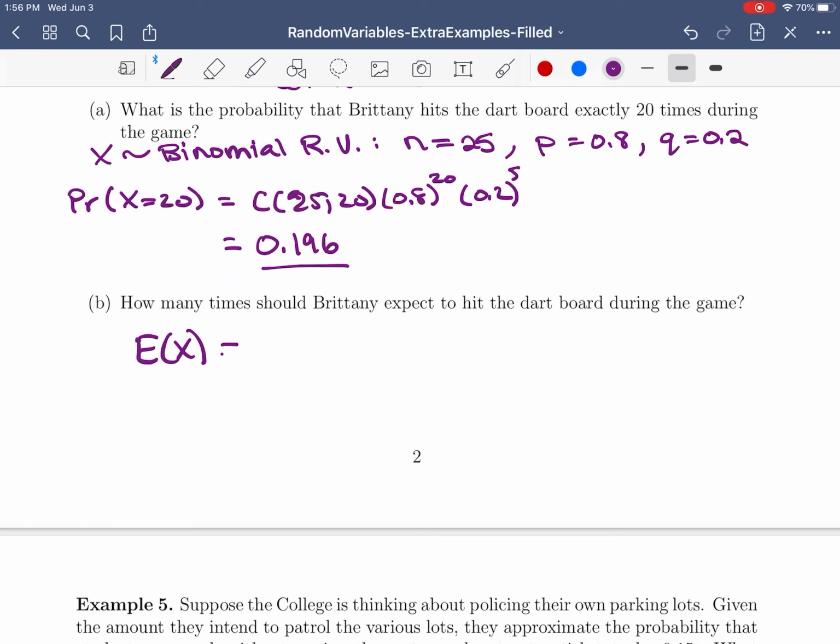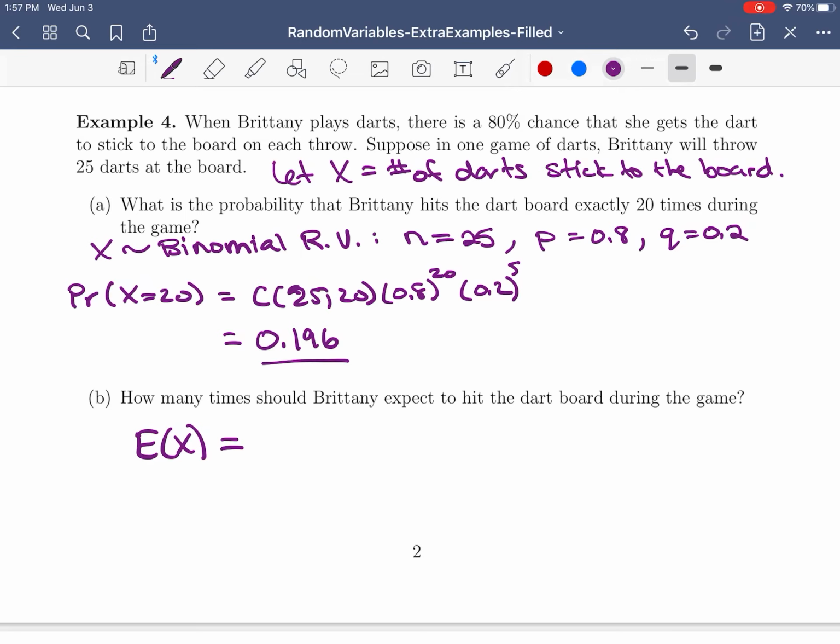Now, how many times should Brittany expect to hit the dartboard? Well, now we're looking for the expected value of x. Now, be careful. Normally when we compute the expected value, we need the probability distribution table for the random variable, which is going to be big here because there are 26 different things that could happen. She could hit the board from 0 to 25 times. But when we know our random variable is a binomial random variable, then we get a formula that we can use.